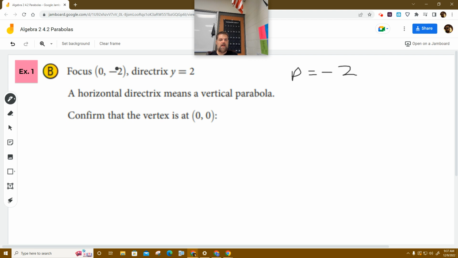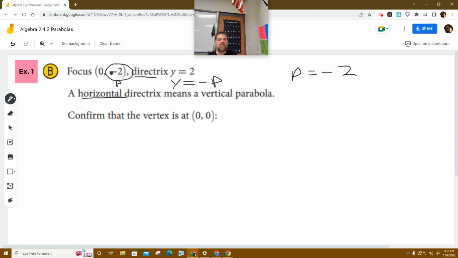Because it's 0 comma P, if I go back in the table, I know that it'll have a horizontal directrix, right? Because remember that your directrix is going to be x or y equals negative P. And since I have a P here and this is 0, then it's going to be y because my P is in the y coordinate.